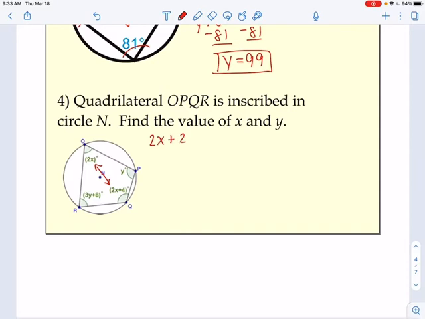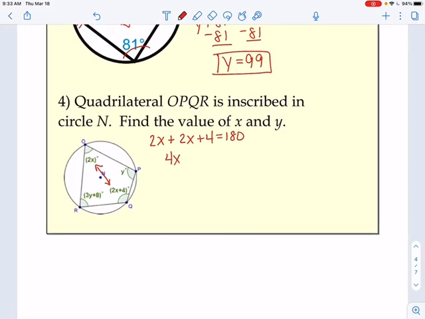So I'm going to do 2x plus 2x plus 4 equals 180, or 4x plus 4 equals 180. Subtract 4 from both sides, and 4x is going to equal 176. Divide both sides by 4, and x is going to equal 44.